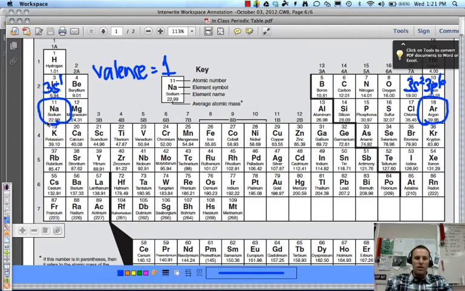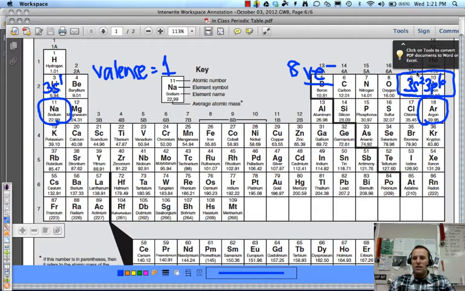So that means that we've gone all the way across the third row and we've completely filled up each of the energy levels totally. So in the third energy level, we have 8 valence electrons. That's the symbol for valence electron, Ve minus, e minus being electron. So you can see here 6 plus 2 makes 8 valence electrons.